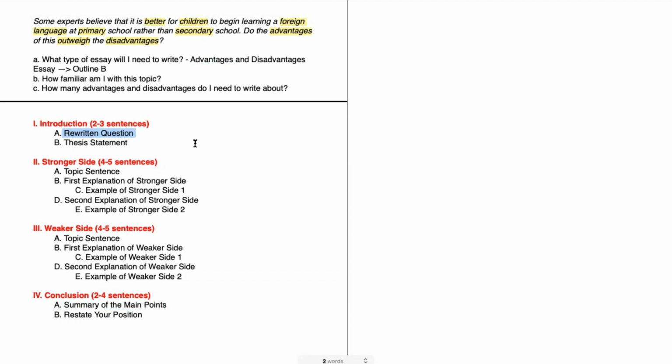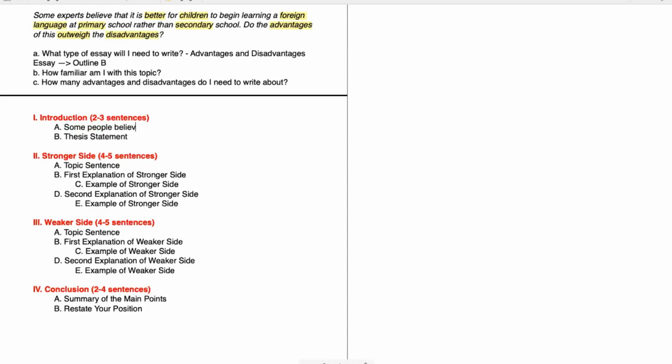I'm basically going to make some notes and say, some people believe studying foreign languages earlier is better. Now, this is just a way to restate what is stated here. I'm going to elaborate more on this in our actual text, but for now, I'm just going to say this. So our thesis statement now is going to be what we are going to argue.